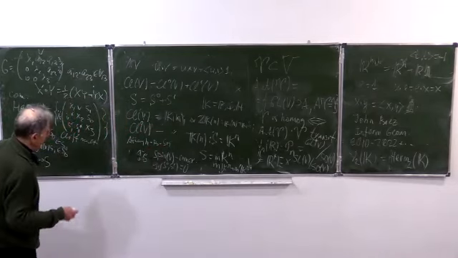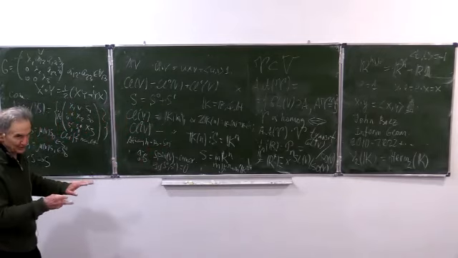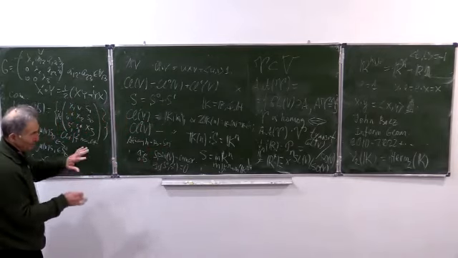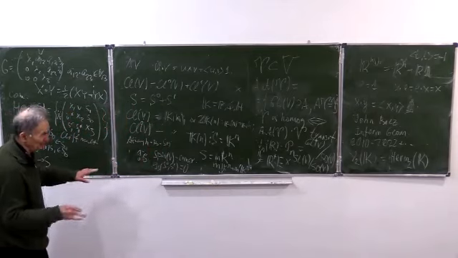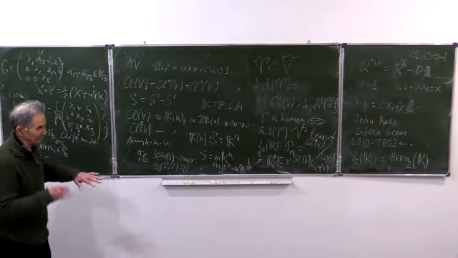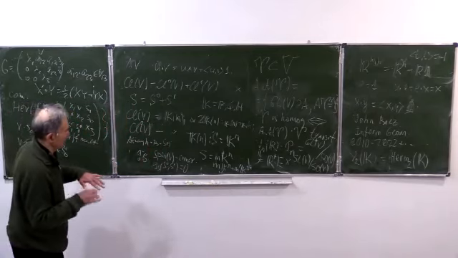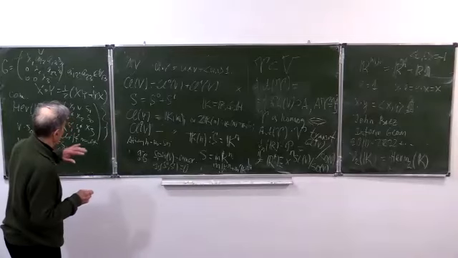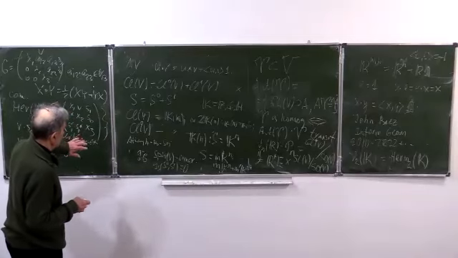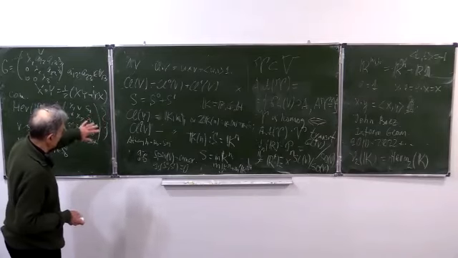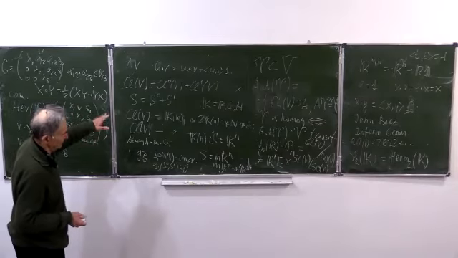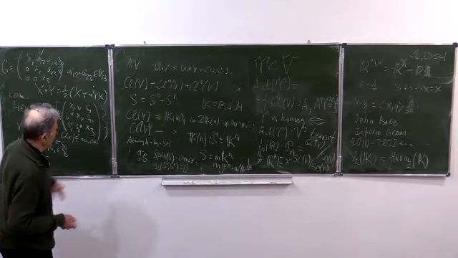We classified this, and due to this, it does not always exist. In some cases there are several, sometimes none. It all depends even on signature, P minus Q. But if you consider the positive definite case, it also depends on dimension modulo 8.